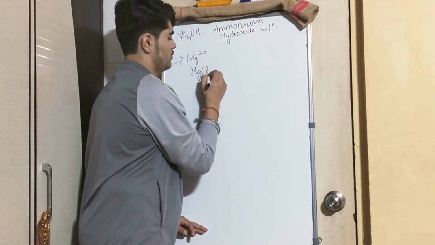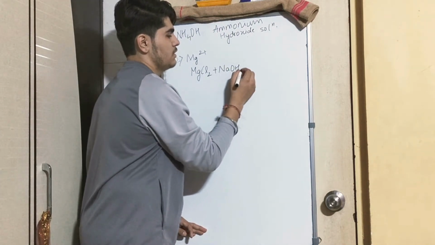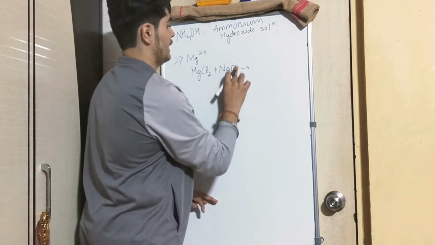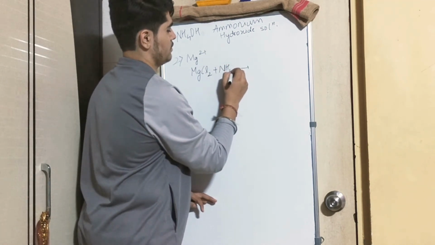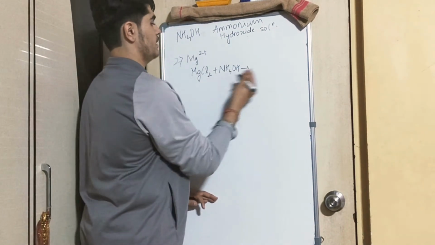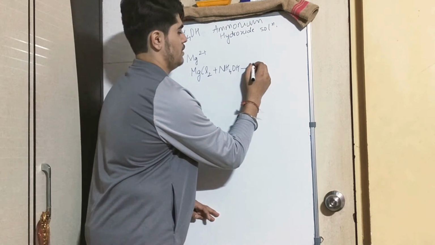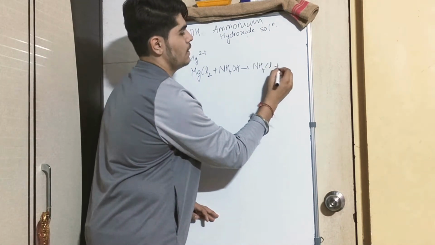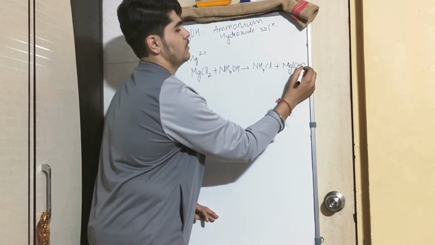MgCl2 plus NaOH gives, sorry, not NaOH, it's NH4OH, my mistake, gives NH4Cl plus Mg(OH)2.